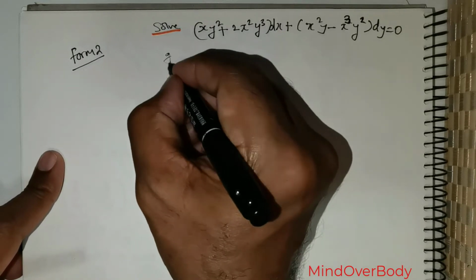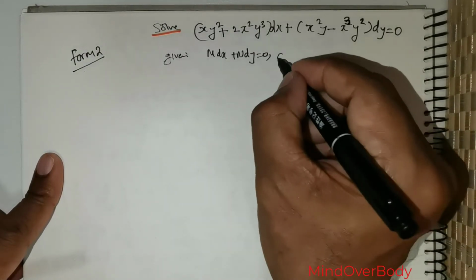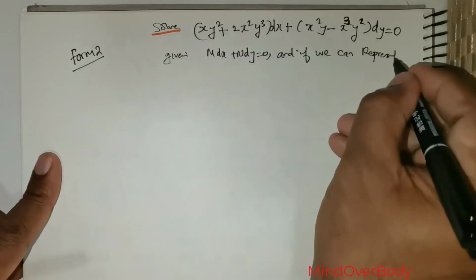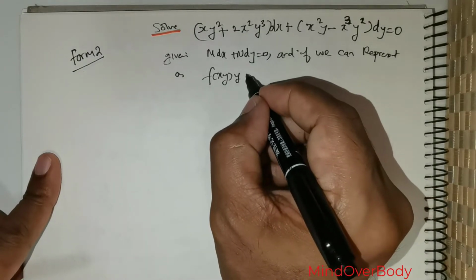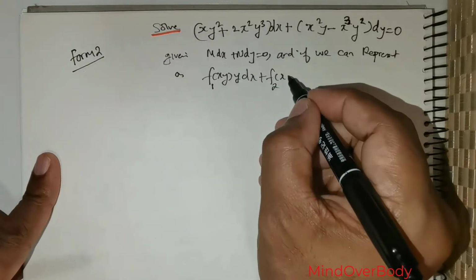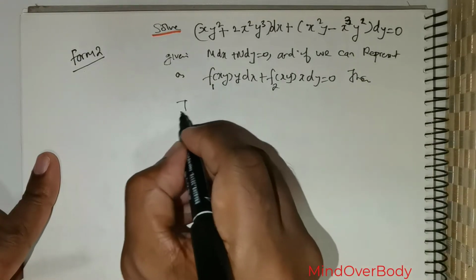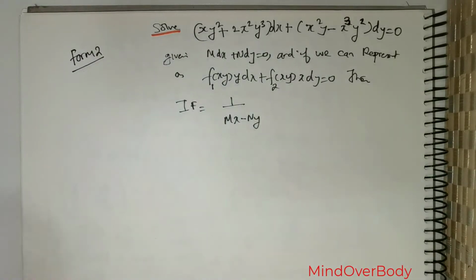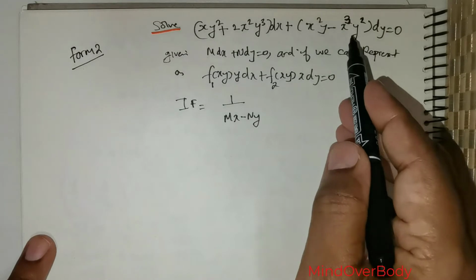We are given that m dx plus n dy is equal to 0, and if we can represent this as f of xy times y dx positive, of course this one is some function f1, this is some function f2 of xy dy is equal to 0, then the integrating factor is going to be 1 over mx negative ny.